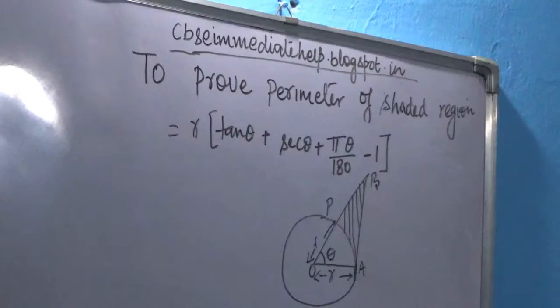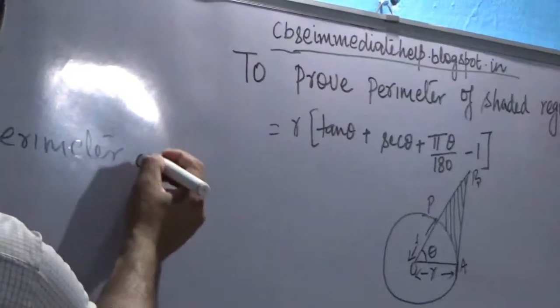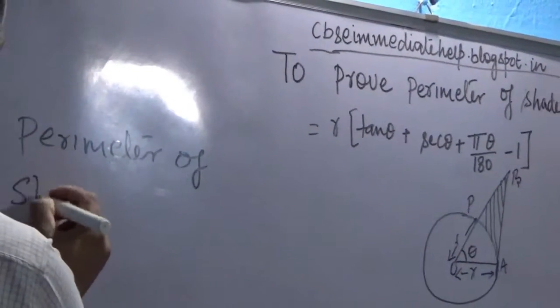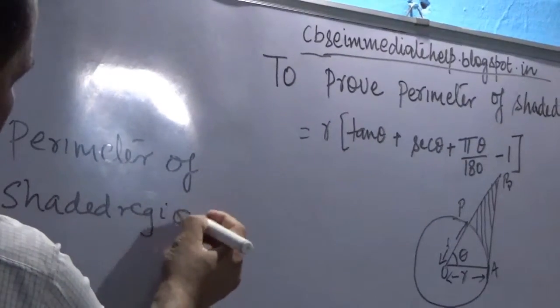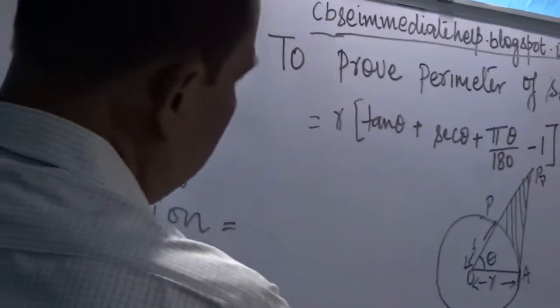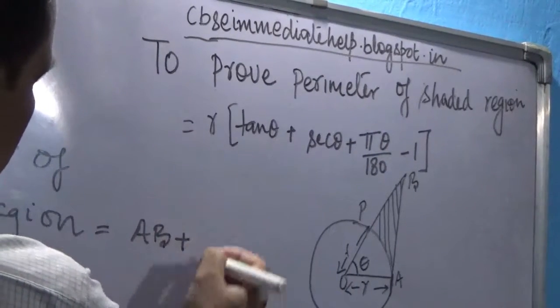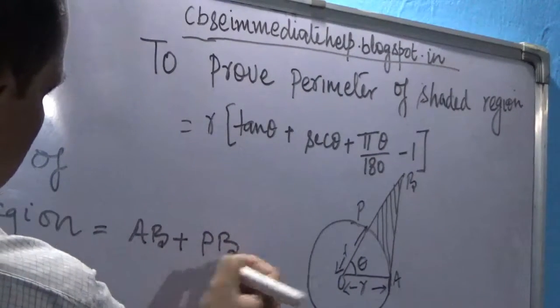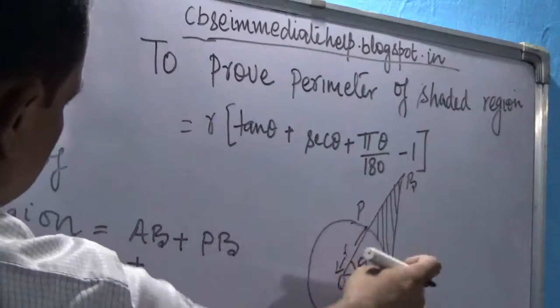So perimeter of shaded region, as I said earlier, is equal to AB one part, PB second part, and again this curved path PA.